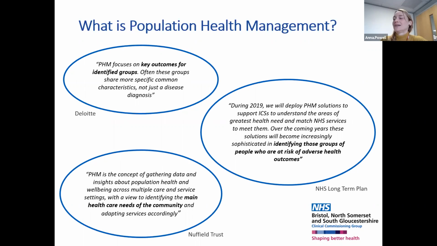Okay, so I imagine a lot of us who work in the NHS will have some idea of what population health management is. It's one of those terms that's fairly hard to define. So I've put up a few different definitions on the page here. And I just wanted to give a bit of context around this.